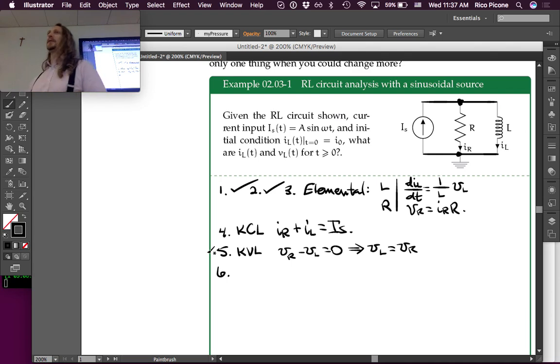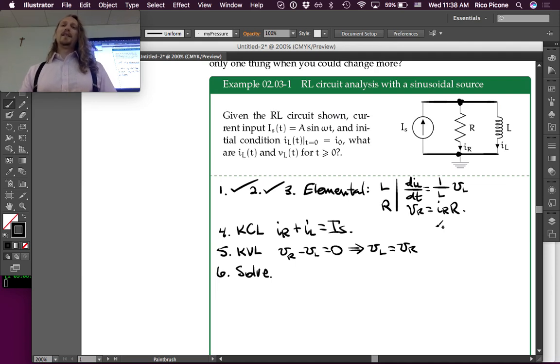This is some algebra. It's actually not too bad. So just solve, right? We have our 4 equations, 4 unknowns. We want to get it down to a single, because we only have one time derivative here. So we want to get it down to one single first order ODE. And we're going to do that by eliminating 3 variables, right?